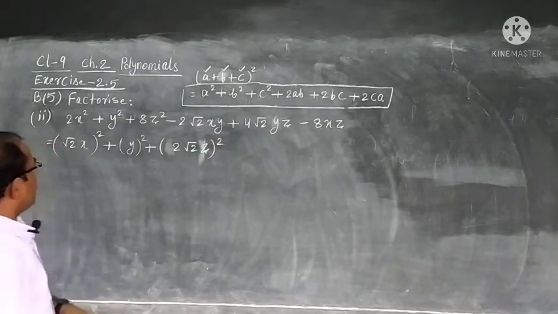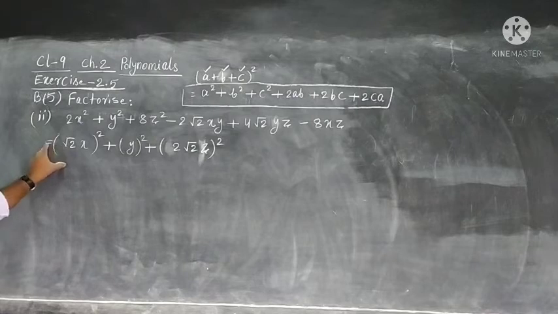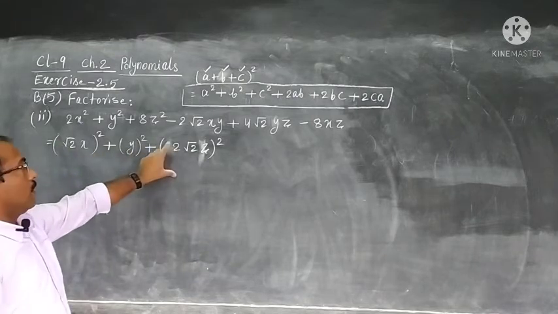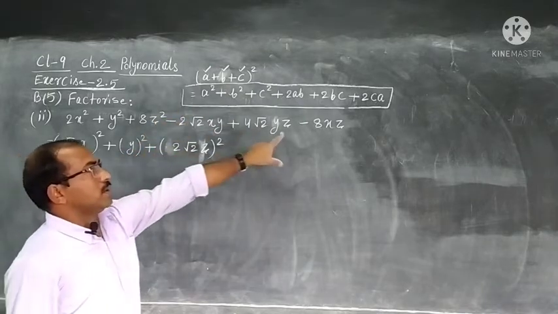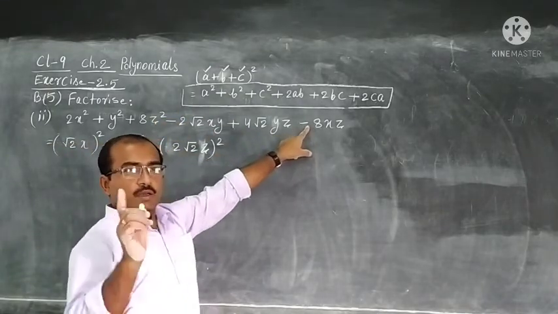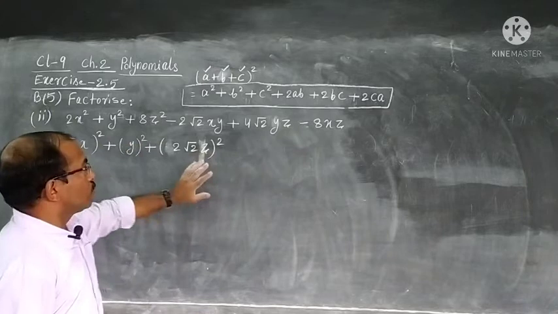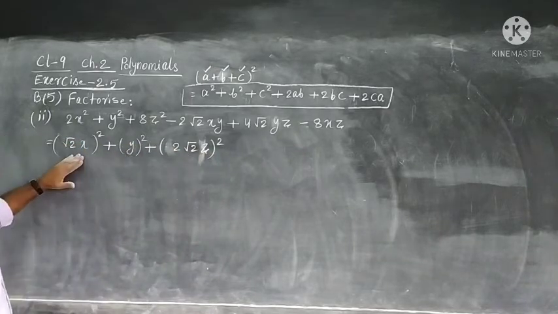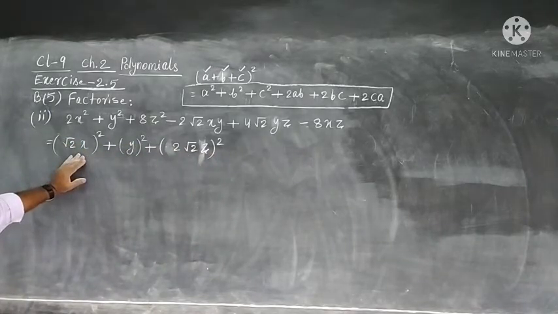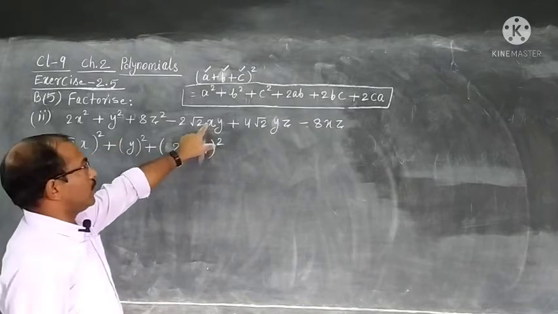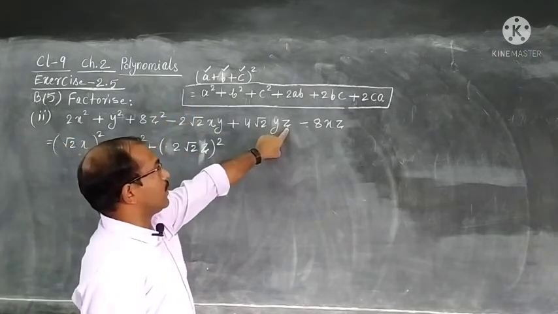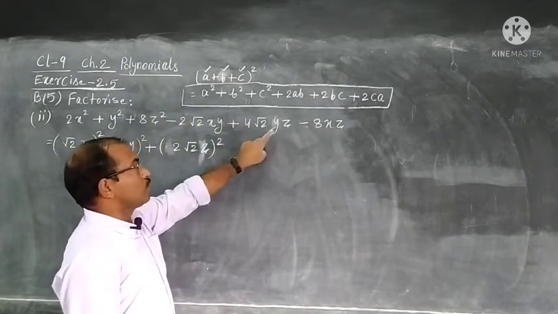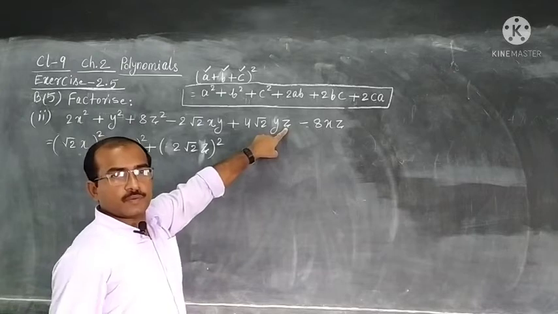Now, you may be noticing that I am keeping some space on the left side of every term. Why? Because I have noticed these 2 terms are negative. That means surely among these 3, 1 or 2 terms will be negative. So, what will we notice here? X, y is coming, minus sign it is. Y, z is coming, it is plus. That means, y and z are positive.